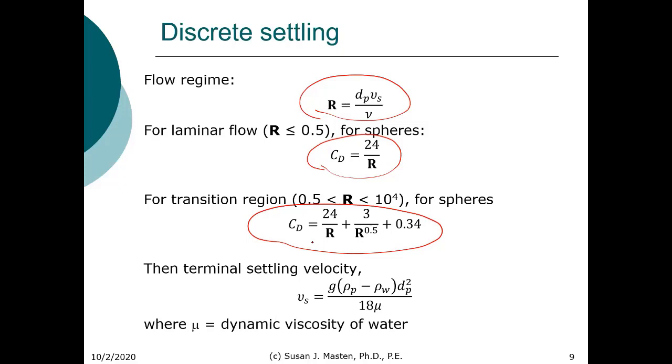Now, Reynolds number, to review a little bit of fluids, is defined as the ratio of the momentum forces to the viscous forces. And it consequently defines the relative importance of these two types of forces for given flow conditions.